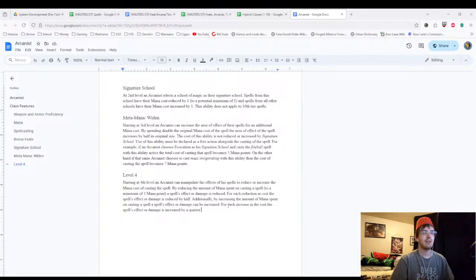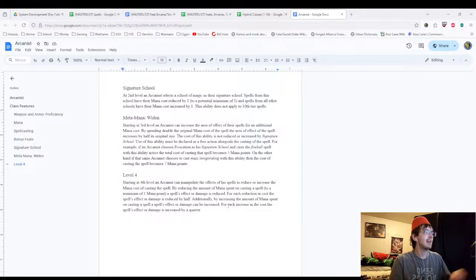With damage and with crippling effects, this could rapidly get out of control. So I think a quarter is good for not letting it get out of control too quickly.